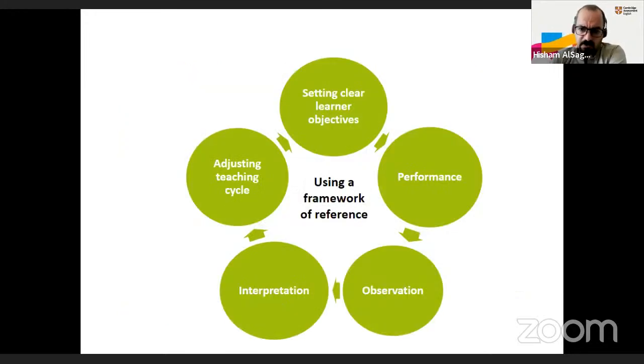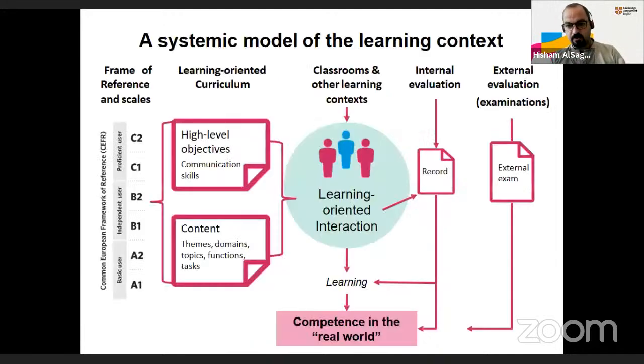You'll find plenty of details related to Carol Dweck's fixed mindset theory or research. So that brings me back to the structure that I will put around learning-oriented assessment. With all these concepts hopefully cleared, we've got clear objectives, performance, observations, interpretations, and adjustments of the teaching cycle.